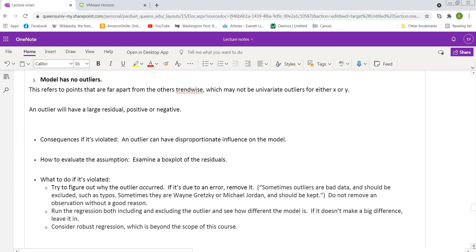If it's not an error, or if there's not something different in that process, if it's not fundamentally different, then leave it in. And here's a quote that says, "Sometimes outliers are bad data and should be excluded, but sometimes they're Wayne Gretzky or Michael Jordan and should be kept." So there are those unusual cases that are still legitimate and are worth analyzing.